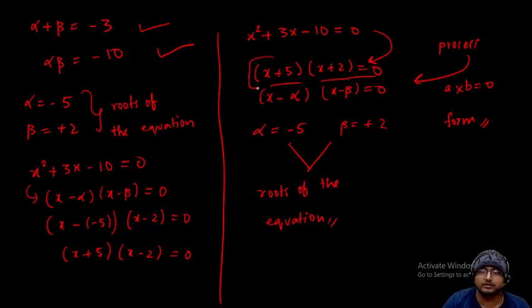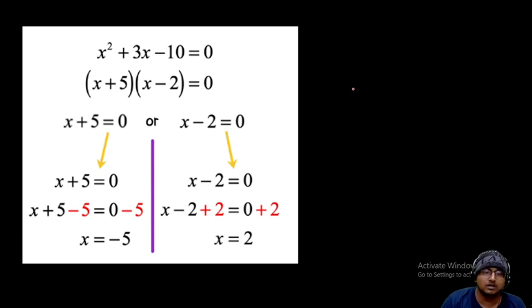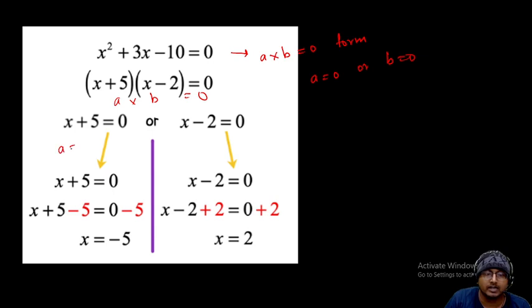x plus 5 into x minus 2 can be written as x minus alpha into x minus beta. So it is written in the form of a into b equal to 0. Then either a equal to 0 or b equal to 0.